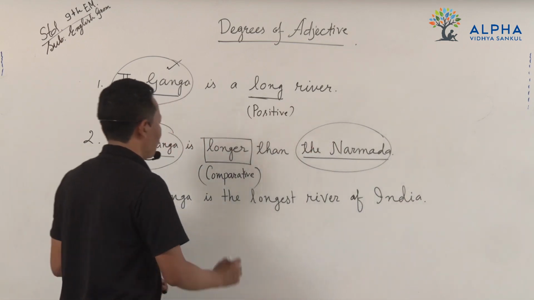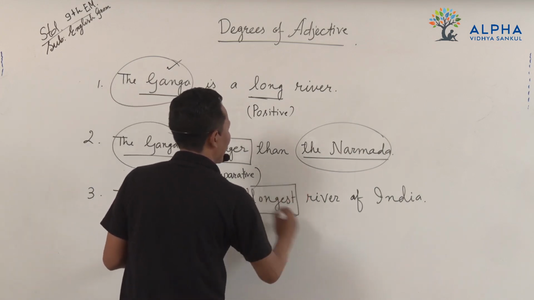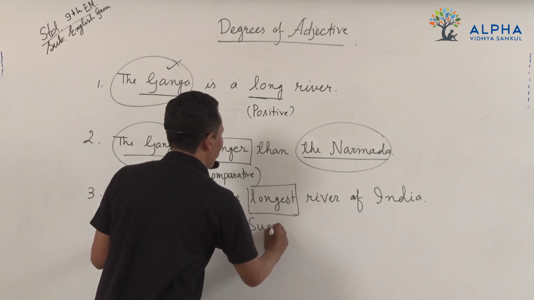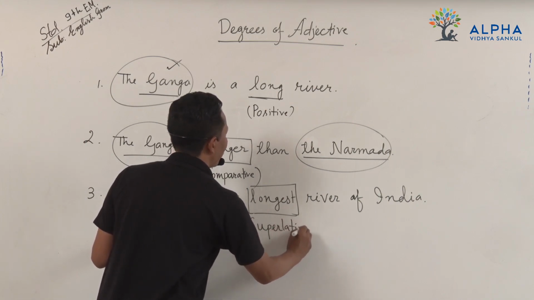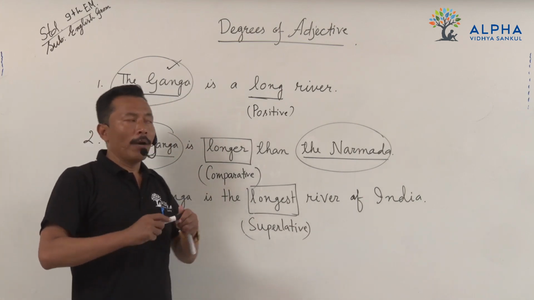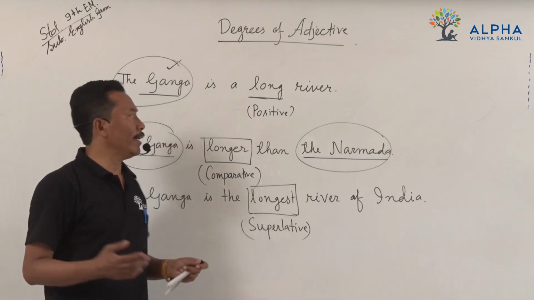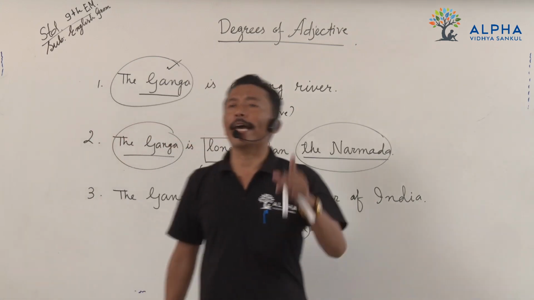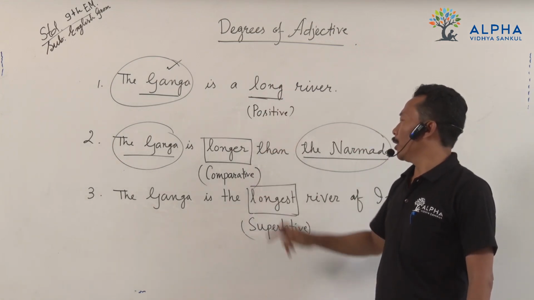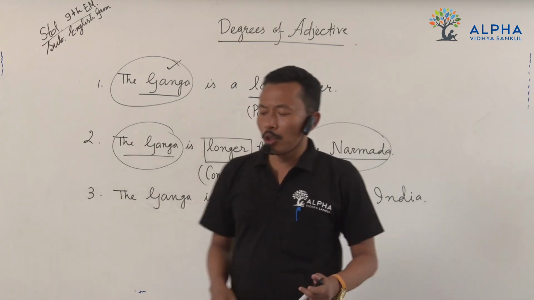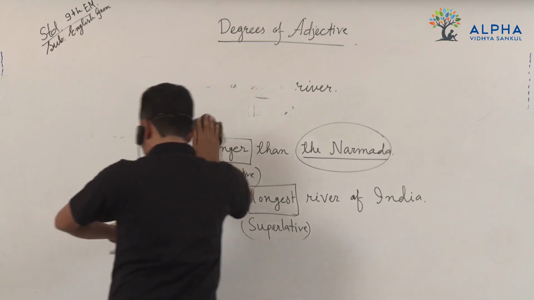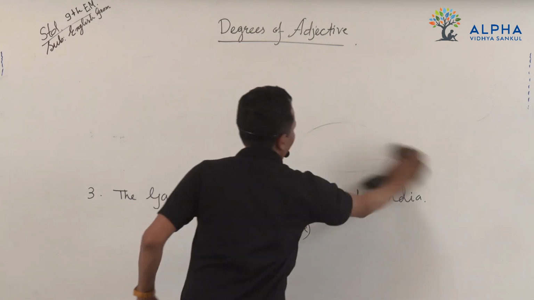Now here the word longest is an adjective, and this adjective we call the superlative degree. So from these examples we have learned that there are three degrees in the adjectives: positive degree, comparative degree, and superlative degree.